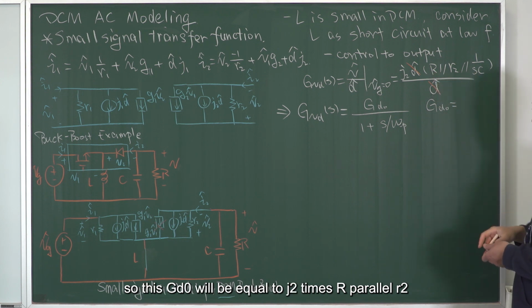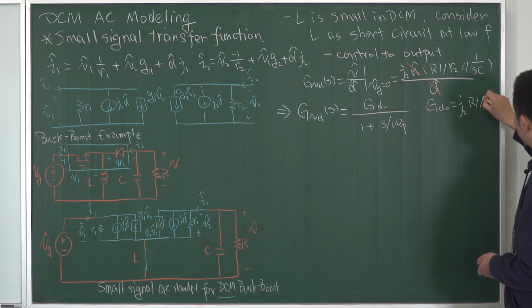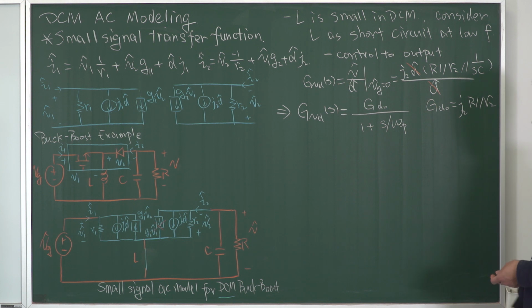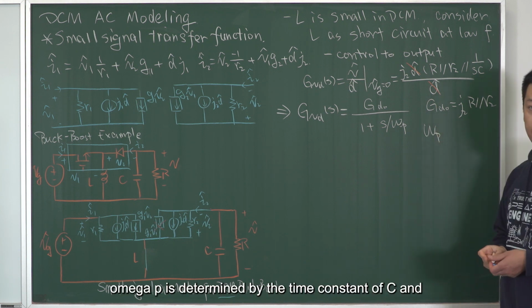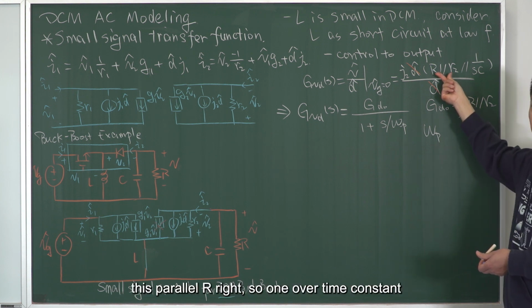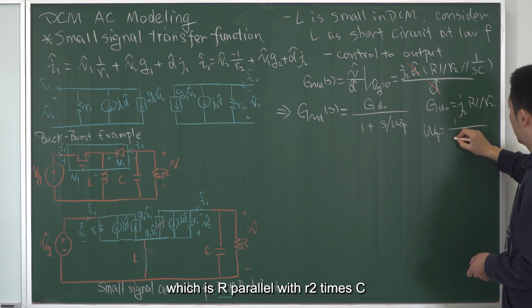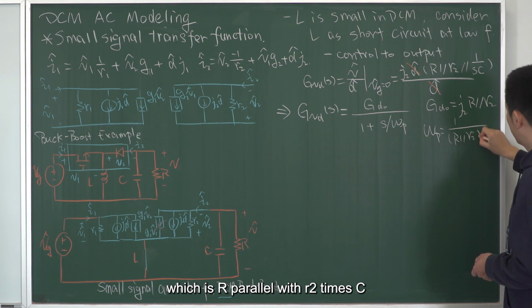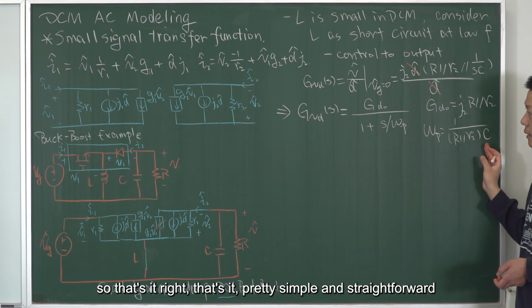So this GD0 will be equal to J2 times R parallel with R2. Omega P is determined by the time constant of C and this parallel R, so 1 over the time constant, which is R parallel with R2 times C. So that's it.